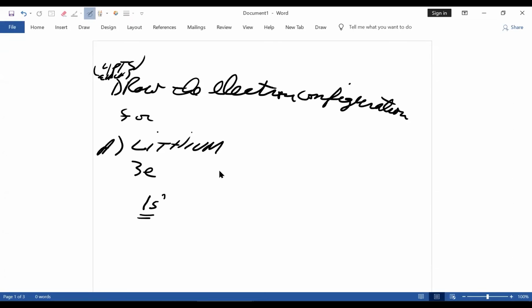And the answer is 2. And you put that as a subscript. Shell 1 has 1 subshell, and that's S, so it's full. And then you go to the next shell, which is 2, and the first subshell is S. And here you can have 1 electron.